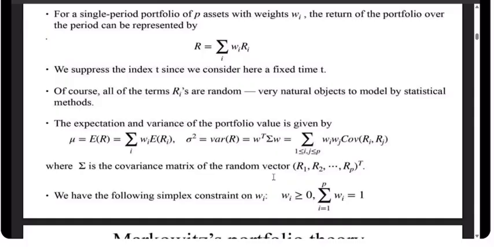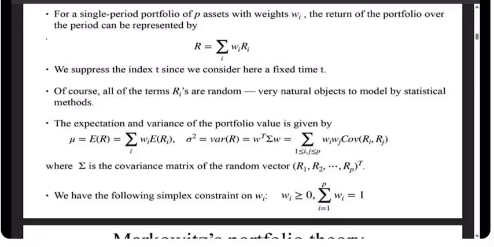We don't want a negative. But I'm still going to tell you about a situation where W can be negative, which is what we call short selling. I'm coming back to that. And of course, the summation of Wi equal to 1 means you spend the whole amount of money, 100%.